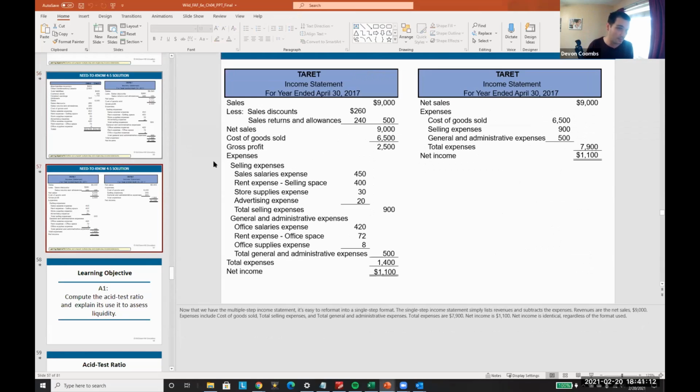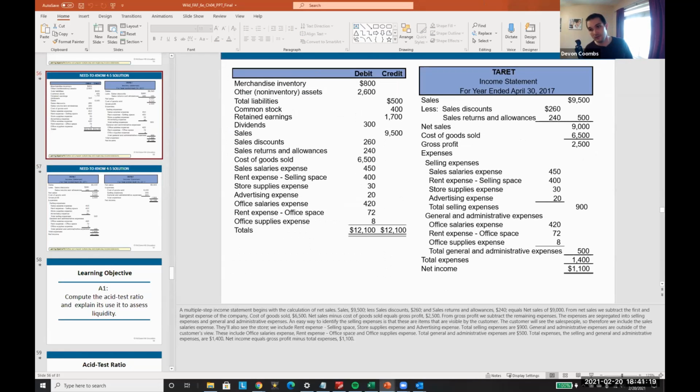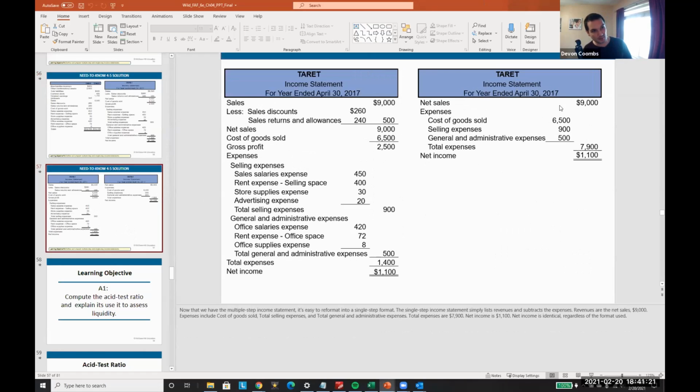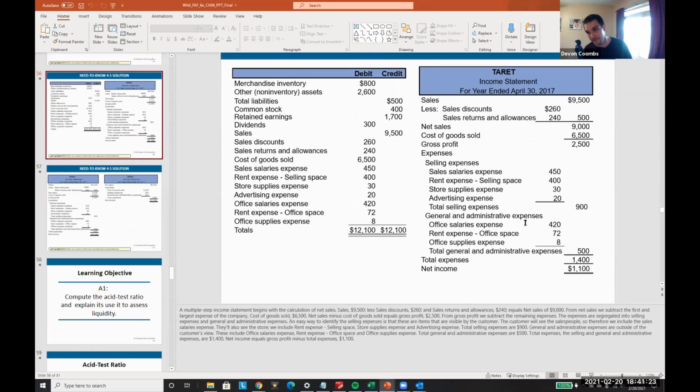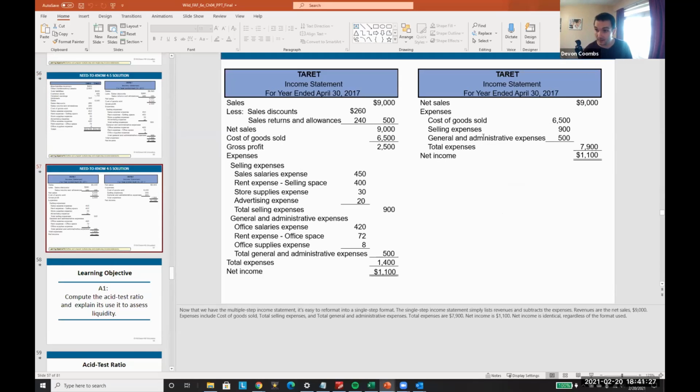So each level of information has a different value associated with it. But you can always get this information from the more detailed, right? It's easier to do that. From this, we don't know enough detail. Like we don't have enough background about the business to make some of the judgment calls on how they're spending their expenses.